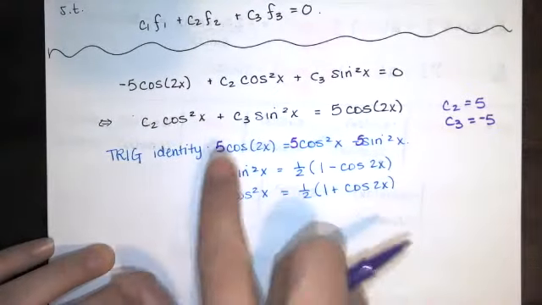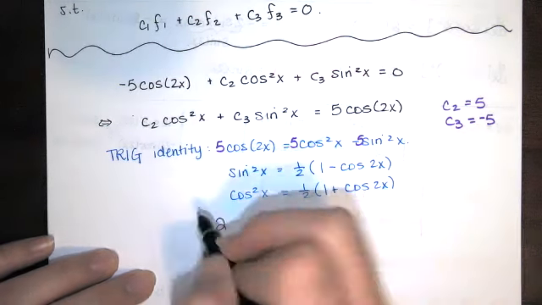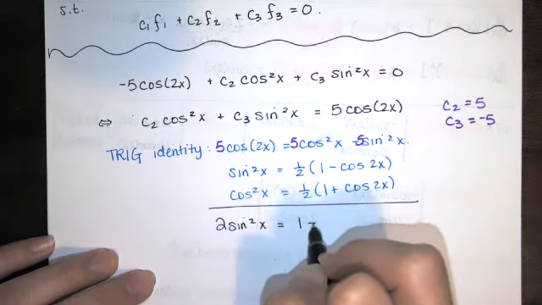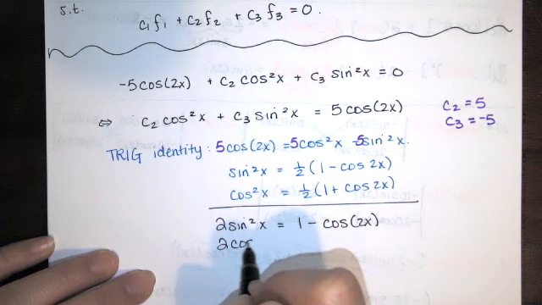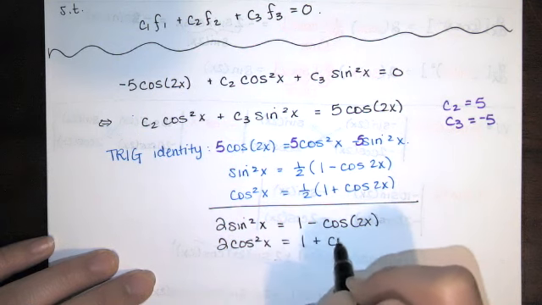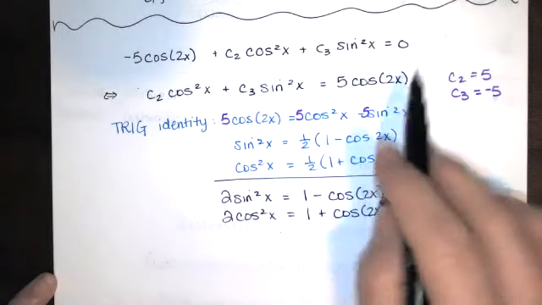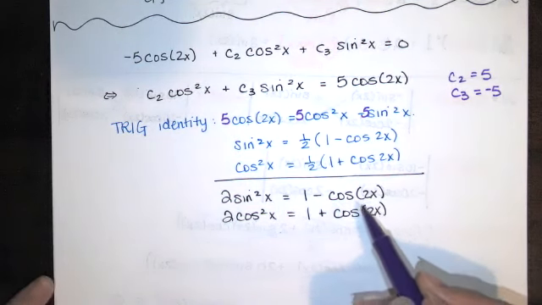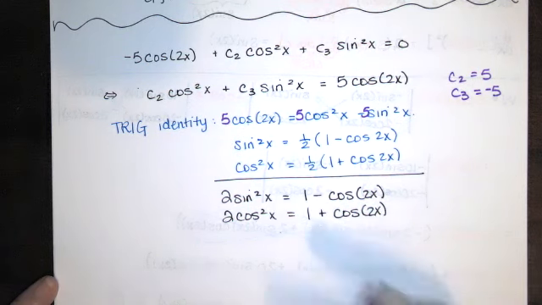If you're saying to yourself, I don't remember that one, but I remember these guys, well, you could multiply both sides of these last two equations by 2. So we have 2 sine squared x equals 1 minus cosine of 2x, and 2 cosine squared x equals 1 plus cosine of 2x. I'm trying to figure out what cosine of 2x is. If I add them together right now, the cosine of 2x will cancel, and I don't want that to happen.